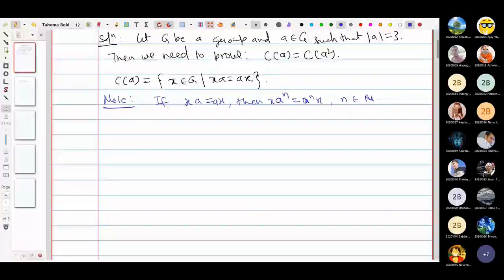So this is one thing we will be using. It means that we are talking about the centralizer of A.